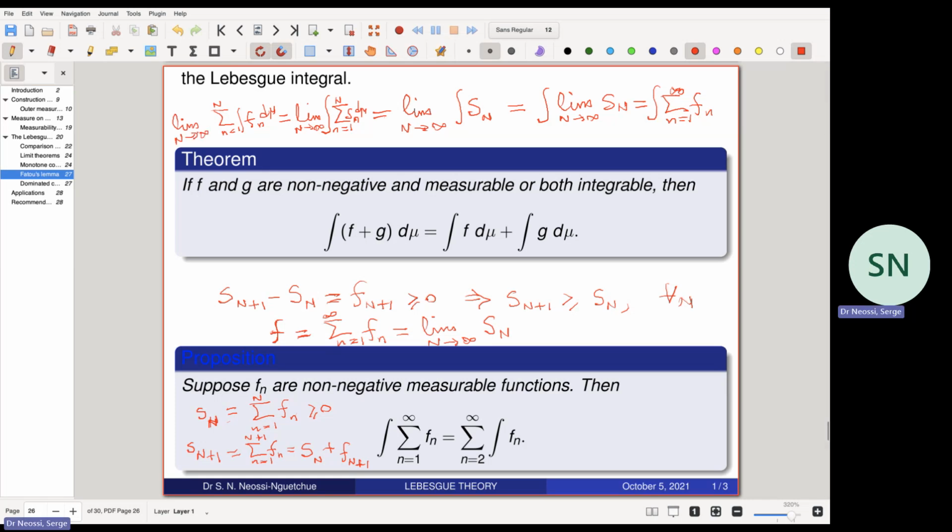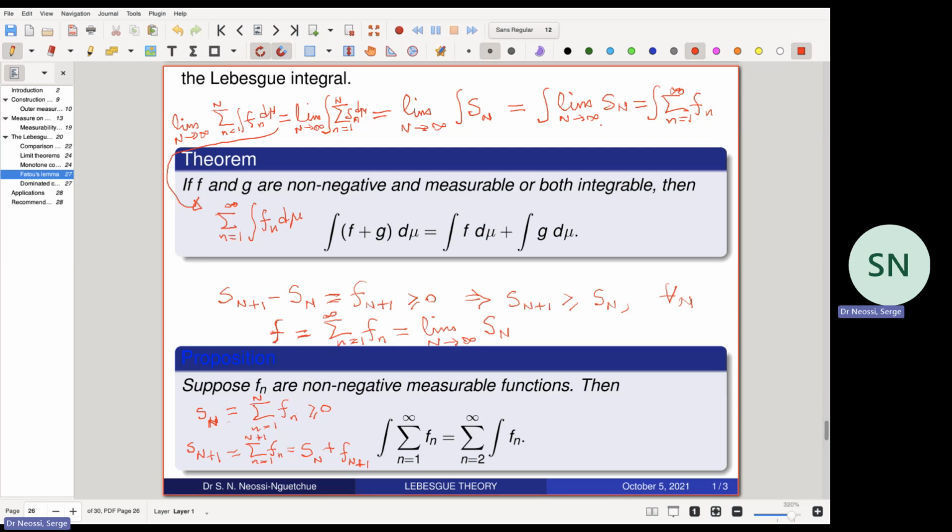And by definition, if I write a finite sum and take the upper limit to infinity, this limit will give us the series. So this expression will be equal to the infinite sum, n running from 1 to infinity, of the integral of f sub n d mu.